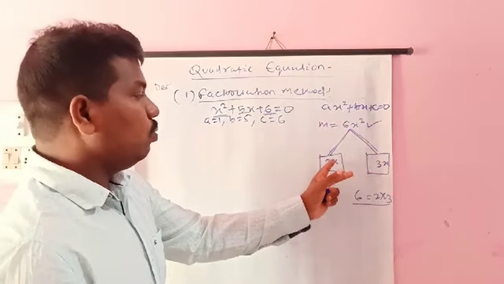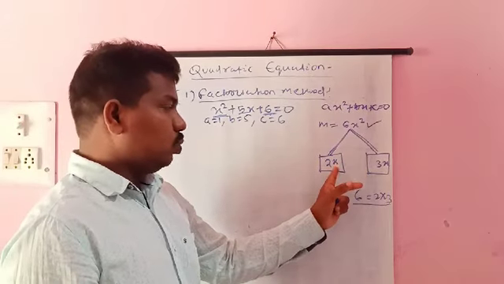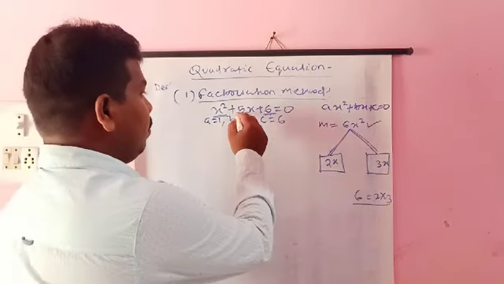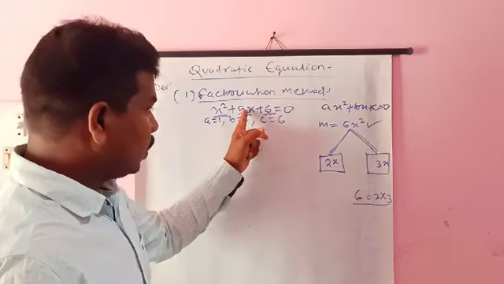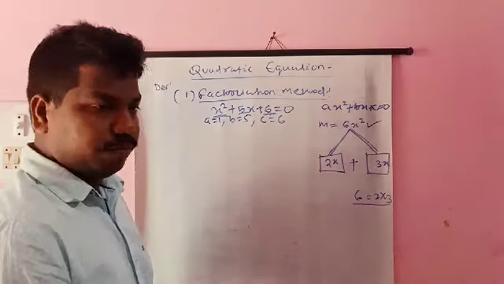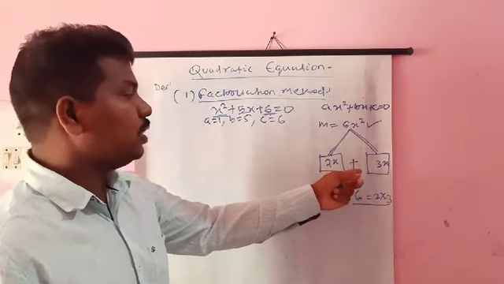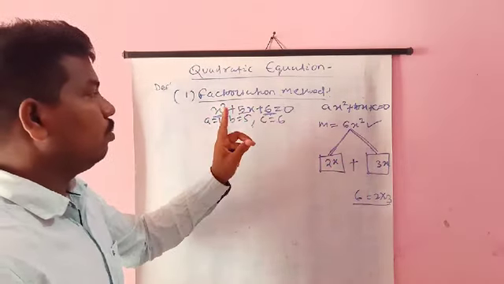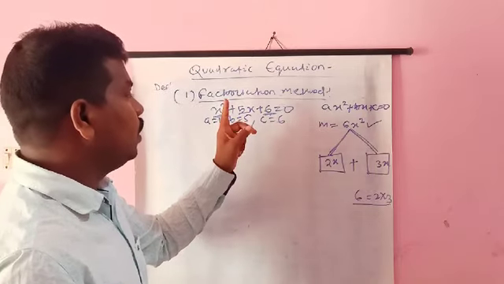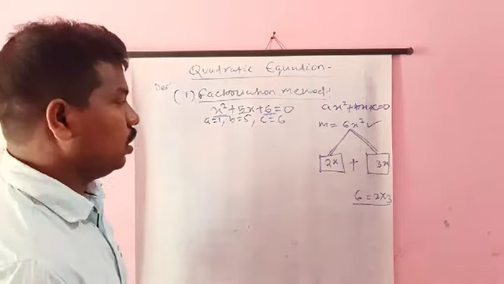Now we have to check whether by adding or subtracting these two factors we get 5x or not. If we add 2x plus 3x, we get 5x. If we subtract, we get minus x, but minus x is not present in the middle term. So to get the middle term value, we must add the two factors 2x and 3x.